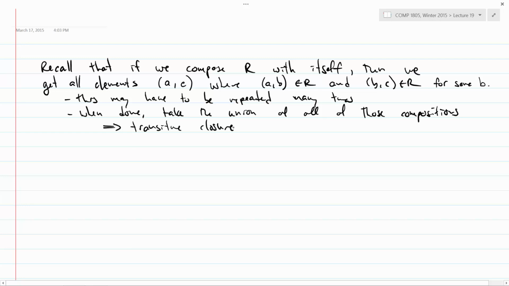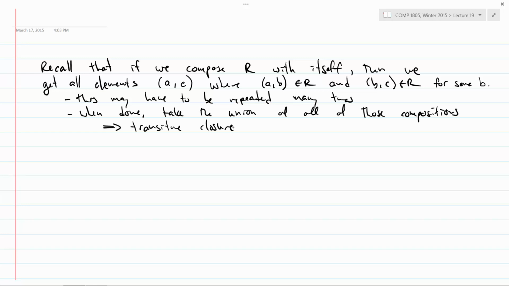So the only thing I haven't specified is how many times do you have to do this? Remember, when you take a composition, you're looking for all those pairs that have a middle element, and you're putting in the transitive version. So you're looking for all the pairs AB and BC, and you're adding in AC directly. That's the same as skipping over B, the thing in the middle.